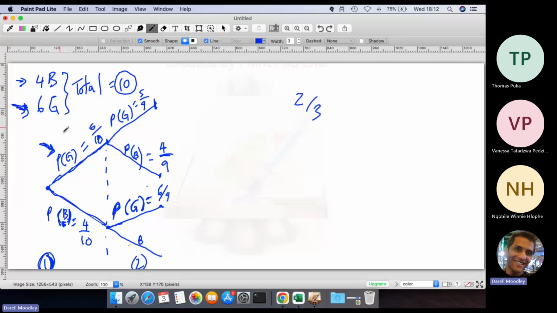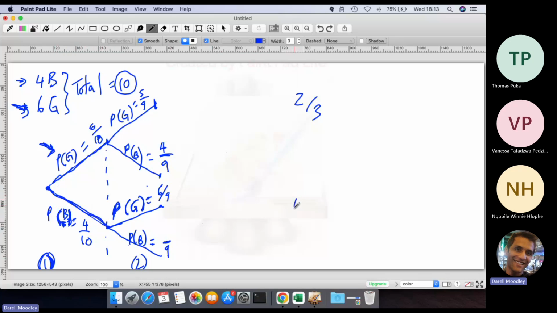And lastly, for this last branch, this is the probability of drawing a blue again in the second draw. And that'll be, remember, your denominator has to be the same throughout the second draw, which is 9. And your numerator now, remember, you have drawn a blue marble already in the first draw. If you follow this branch, you've drawn a blue marble already.